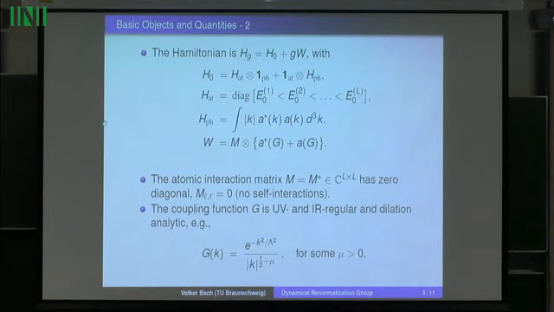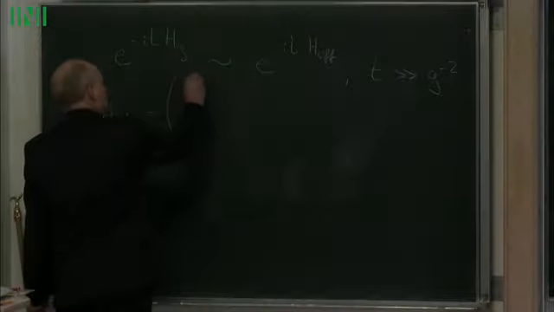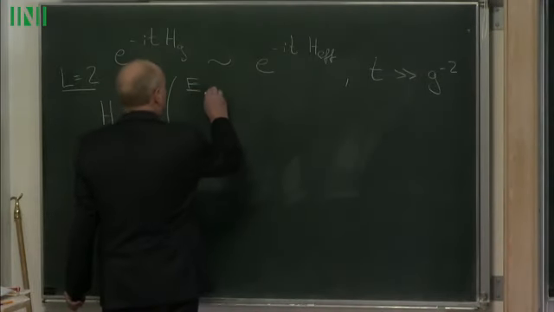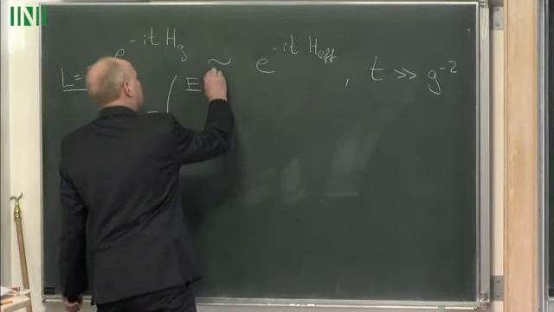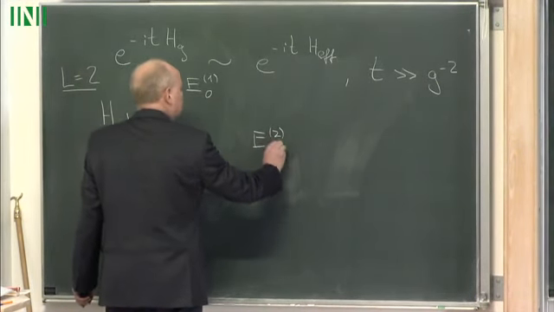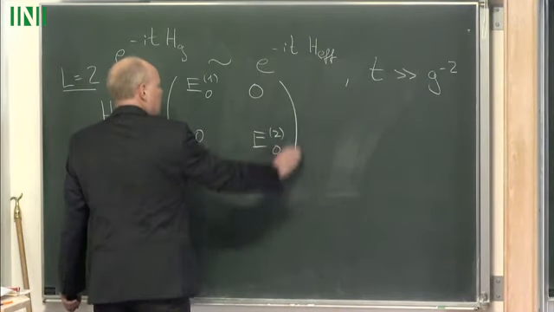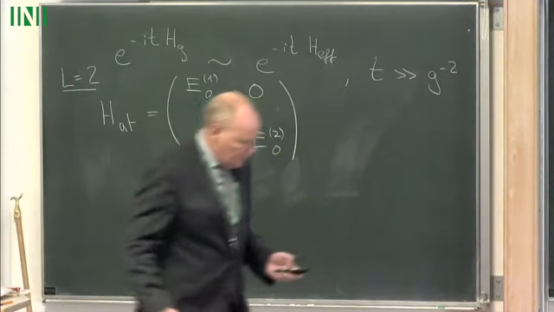Okay, so the atom Hamiltonian, if we have L equal 2, is, in other words, a matrix with eigenvalues E1 and E2, and 0 off the diagonal. It would be a 2 by 2 matrix, like that.